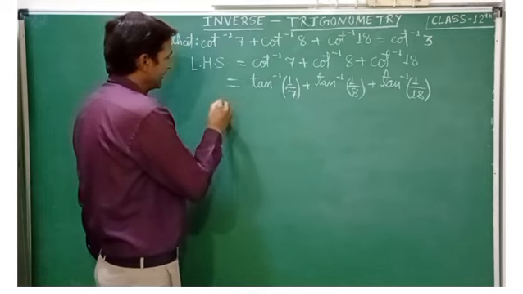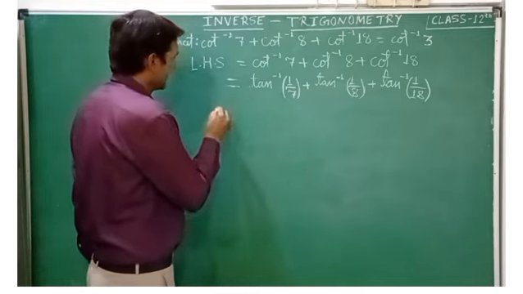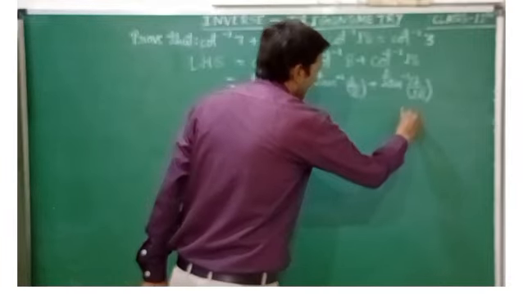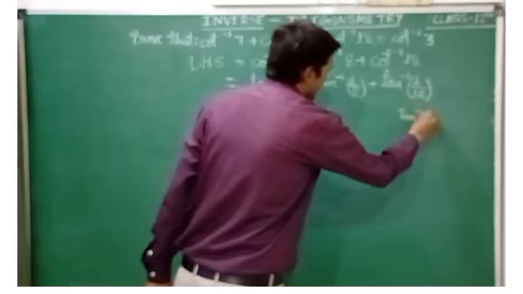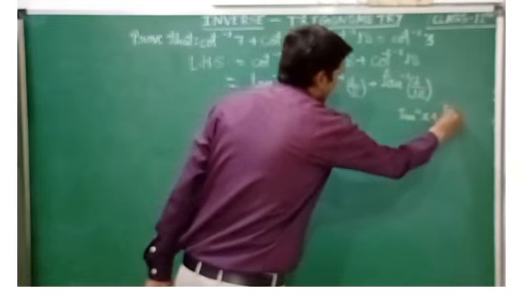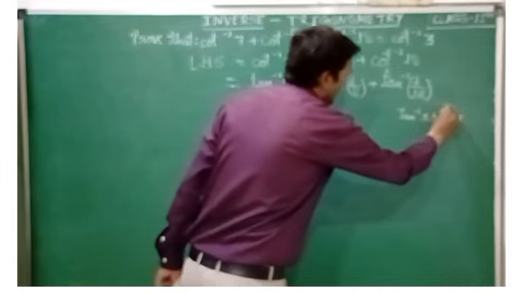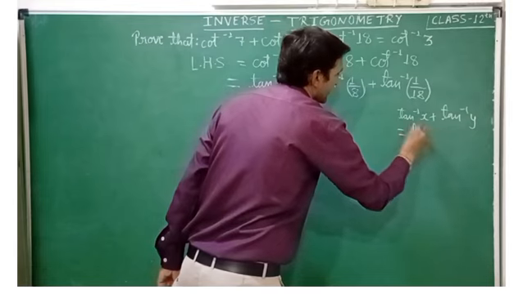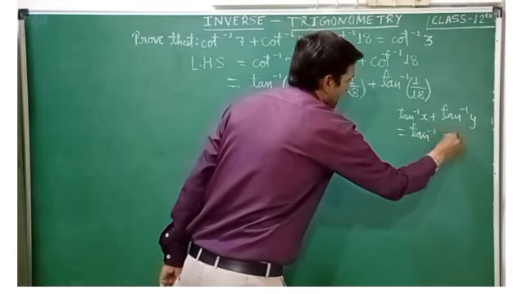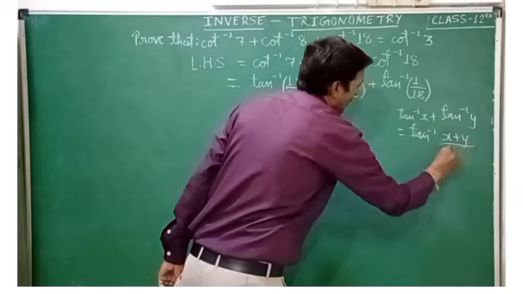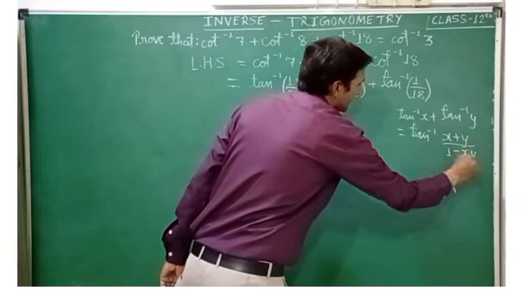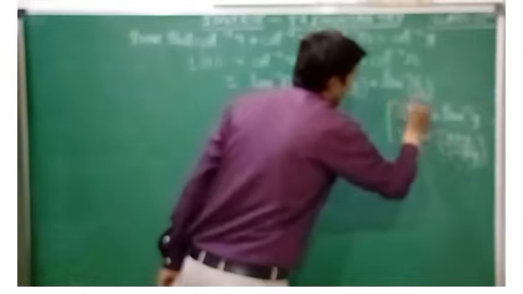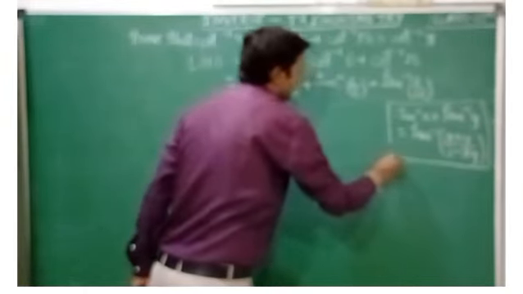You know very well that tan inverse x plus tan inverse y is equal to tan inverse of x plus y upon 1 minus xy. This formula I am applying here.